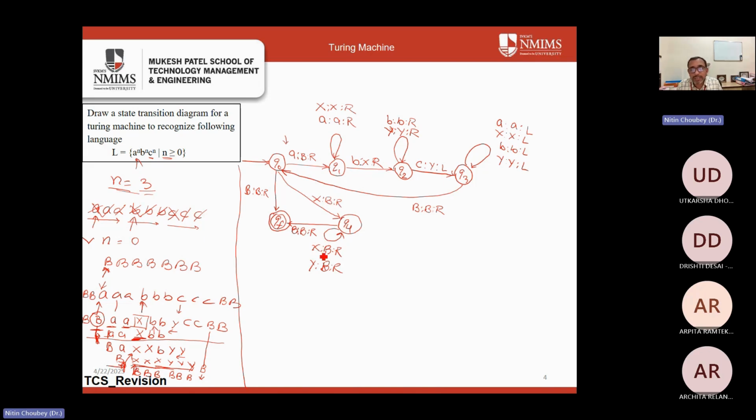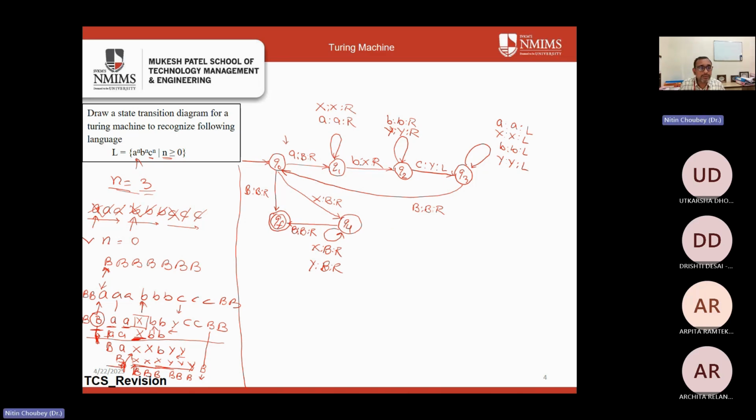That apart from X and Y, if you get any other symbol like B or C, in the case where the number of A's, B's and C's are not equal, we will halt here in Q4 itself. And when we are halting in Q4, since Q4 is not a final state, we'll say that the input is not accepted. So in case of valid input only, we'll go to Q1.